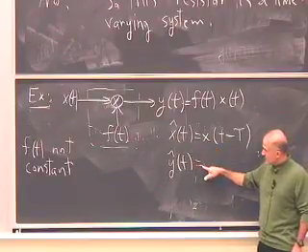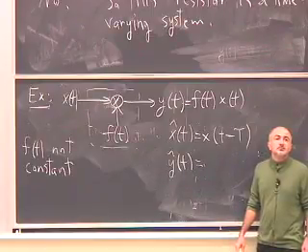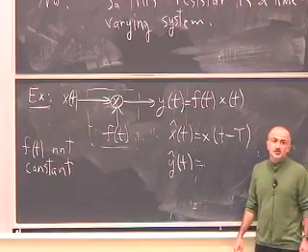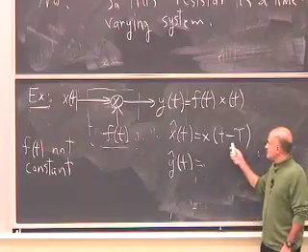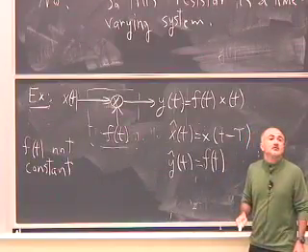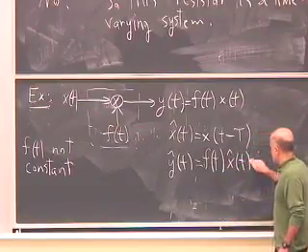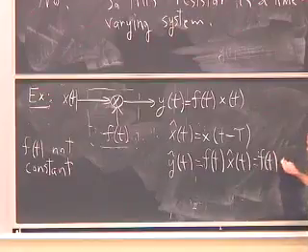So how is y hat related to x hat? Don't shift when you're not allowed to shift. f of t times x hat, which is f of t times x of t minus capital T.